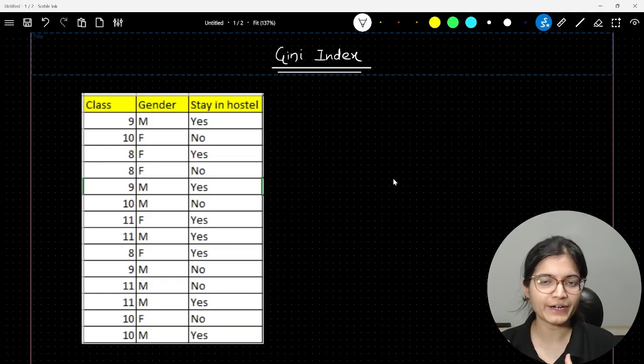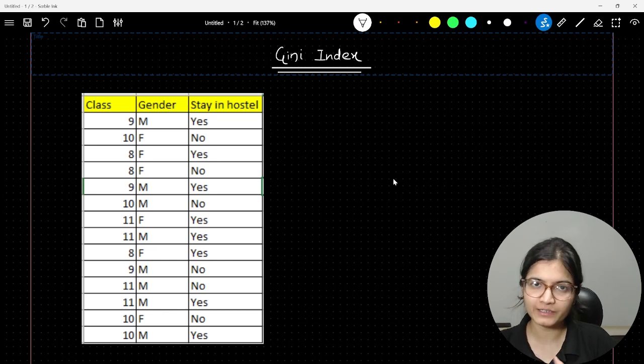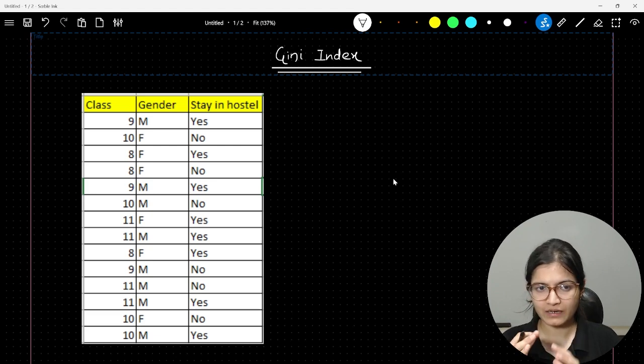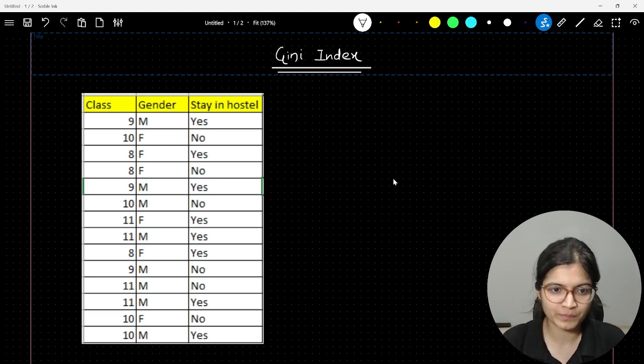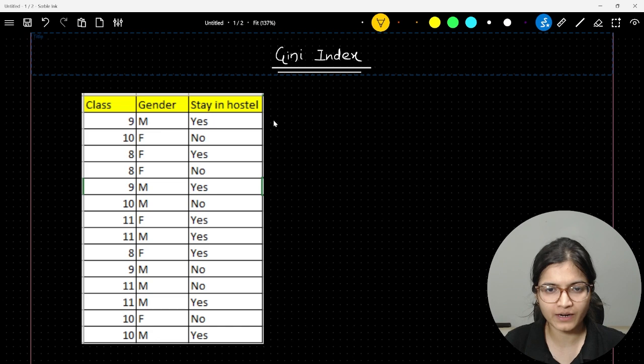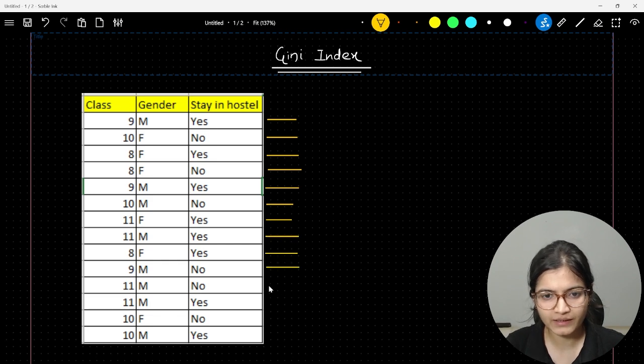Now let's understand the mathematical intuition behind the Gini index. On my left-hand side, I have some data points available. If we count them, there are 14 data points in total: 1, 2, 3, 4, 5, 6, 7, 8, 9, 10, 11, 12, 13 and 14.